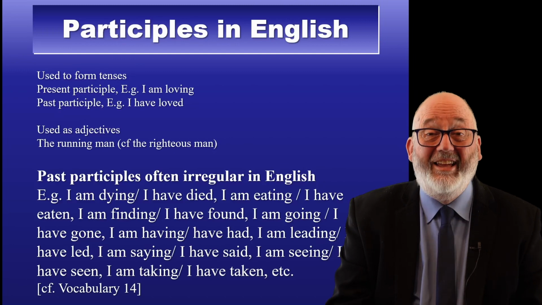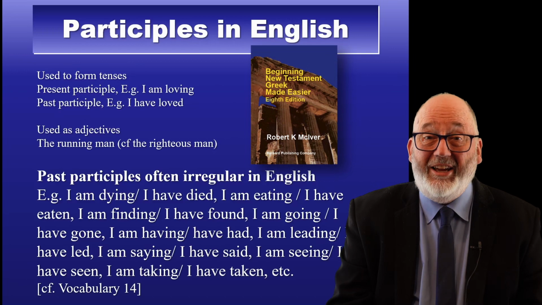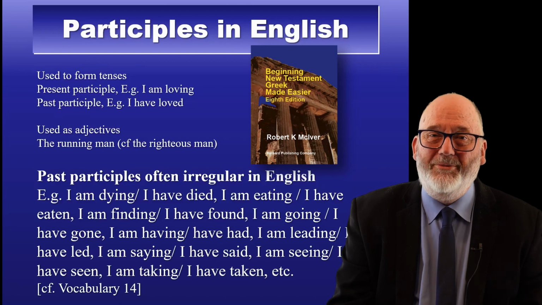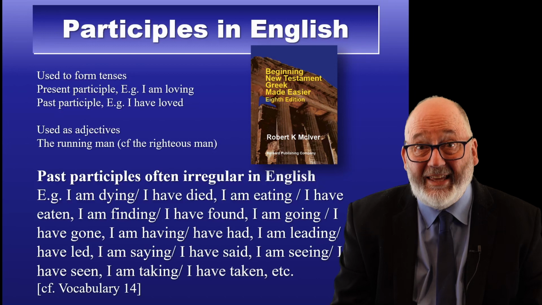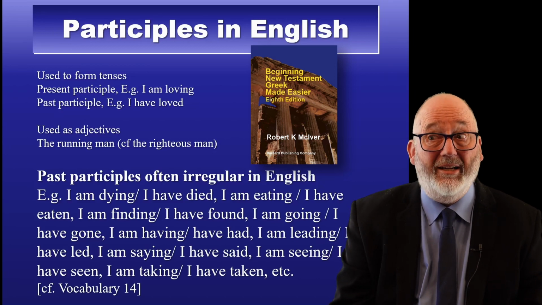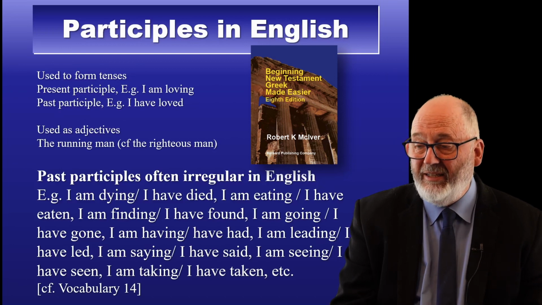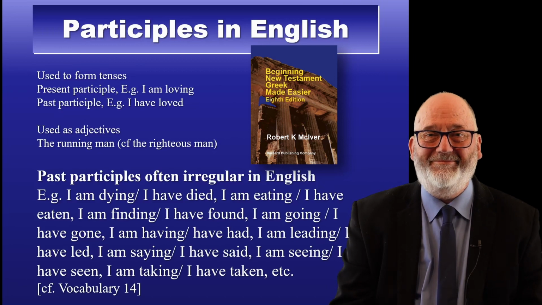And in fact, every verb that I use to introduce strong aorists in my book, Beginning New Testament Greek Made Easier, turns out to have an irregular past participle. I am dying. Well, the ing is regular present participle, but I have died. I am eating. I have eaten. I am finding. I have found, and so on. You can see them all there.